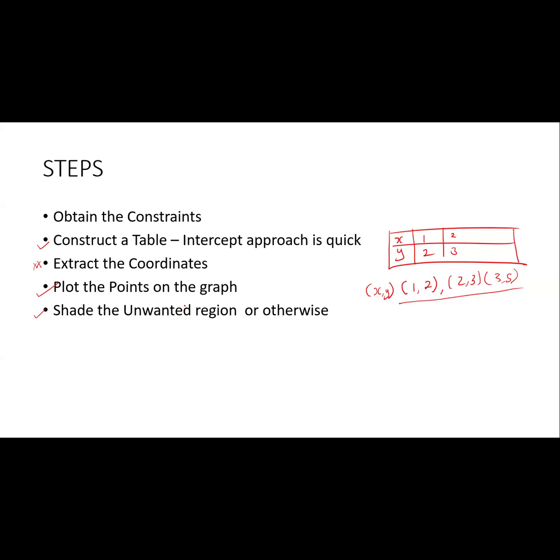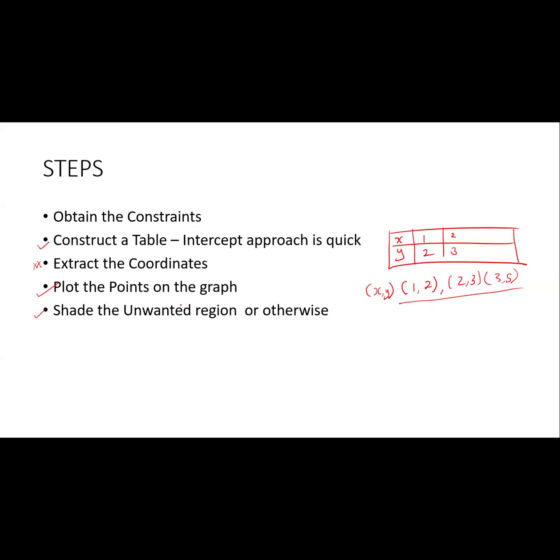I'm going to emphasize that we are mainly going to be shading the unwanted region. But please do not cram. In some books you can find that they shade the wanted region.